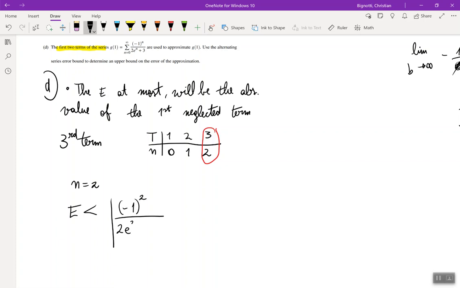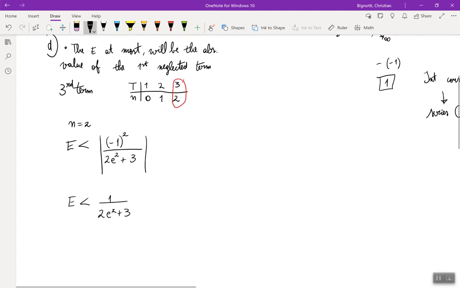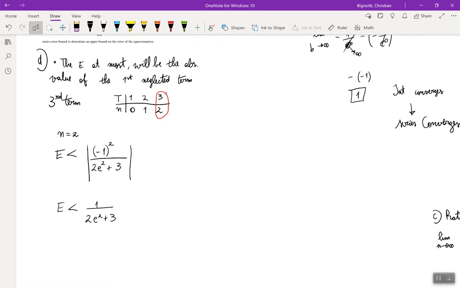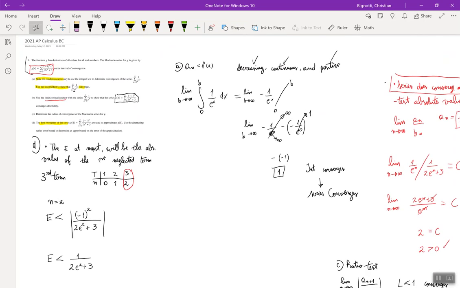We can simplify this a bit to 1 over 2e^2 + 3, but that's basically it. That is at most the error, and that is number 6 of the 2021 AP Calculus BC free response questions.